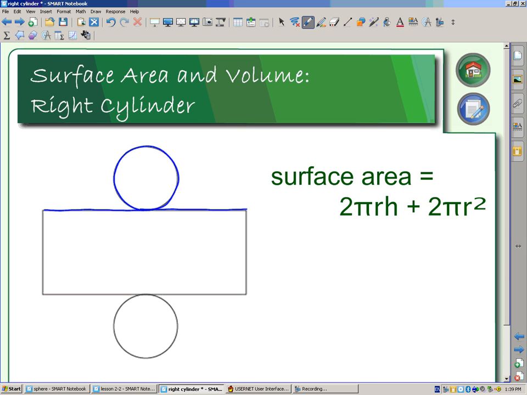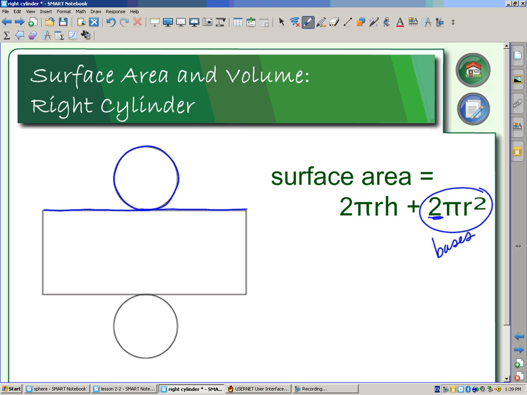So when we look at the surface area, this 2 pi r squared, this is the bases, right? And there's two of them, so two circles, pi r squared is the area of the circle, and there's two of them.